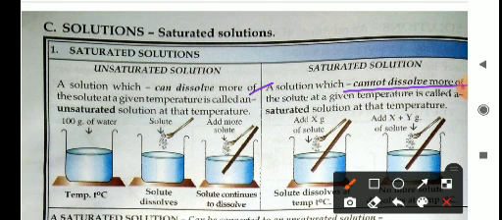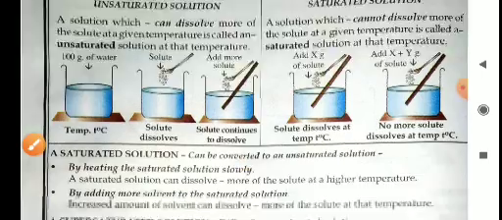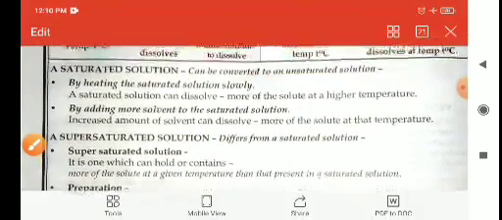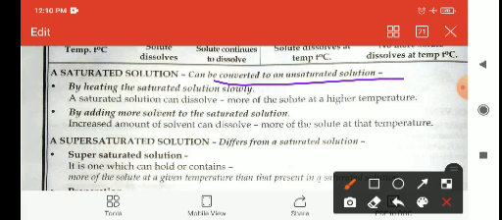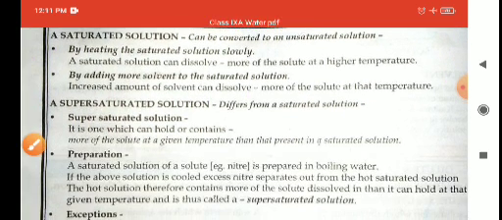That means in an unsaturated solution we can add more and more solute and dissolve it, and when we cannot dissolve more of the solute into the solvent, it is called a saturated solution. Okay, a saturated solution can be converted to an unsaturated solution by heating it slowly. A saturated solution can dissolve more solute at a higher temperature. And by adding more solvent to the saturated solution, the increased amount of solvent can dissolve more of the solute at that temperature.